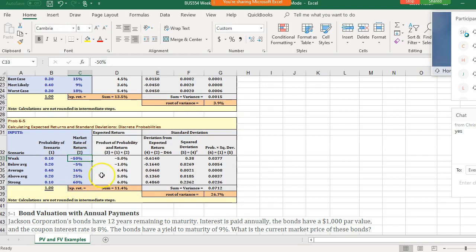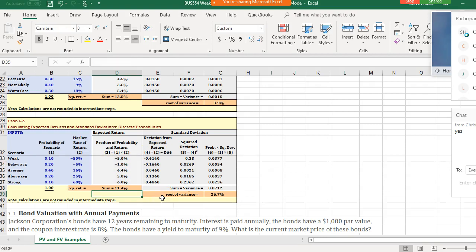So this file computes the expected return based on that. I've got the probabilities and what we think the return will be, and this formula just multiplies the two by each other, takes 1 times 2, and then I sum those all up, and that's 11.4%.